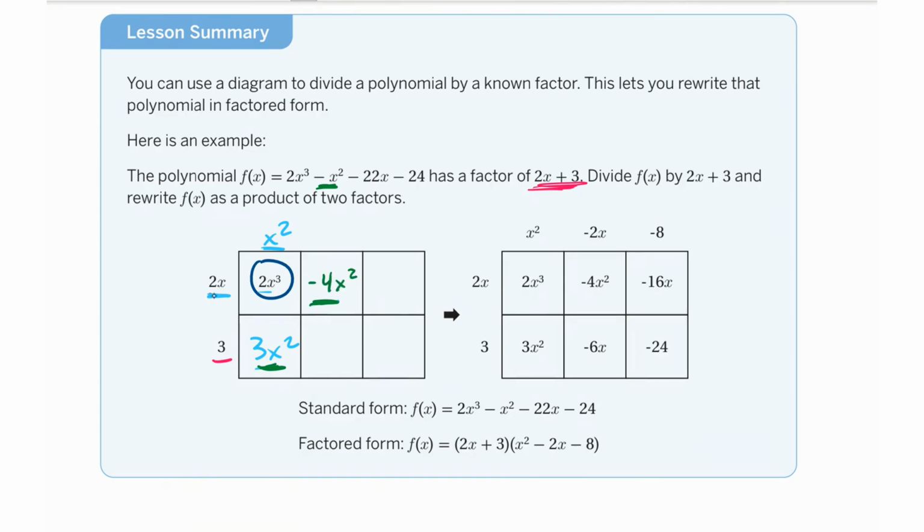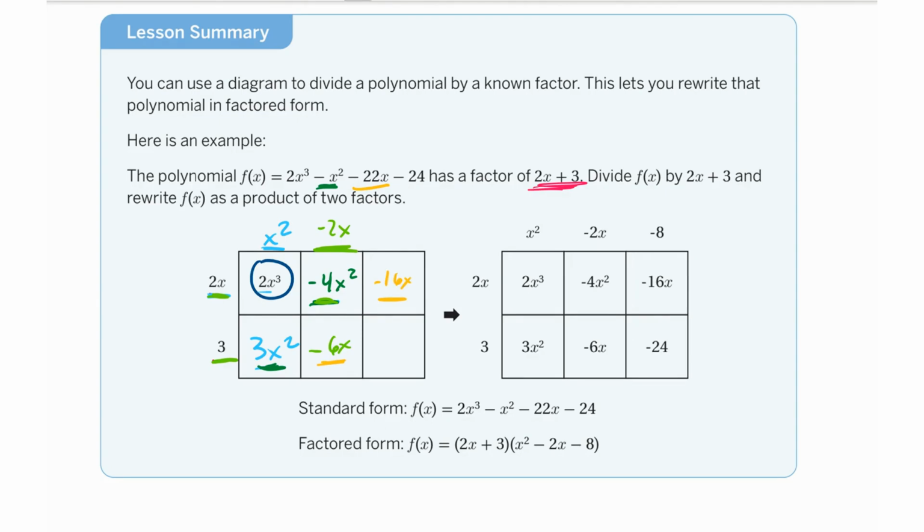So this times what needs to multiply to negative 4x squared? That would be negative 2x. Then we multiply negative 2x times 3 to get negative 6x. And now I'm back to the corners, which have to add to negative 22x, which would be negative 16x.